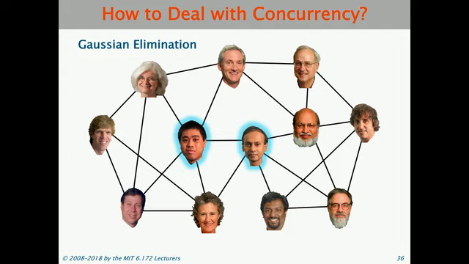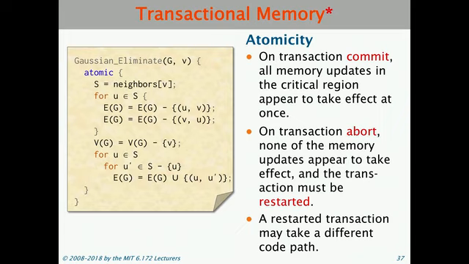In transactional memory, what I want to be able to do is just simply say, here's the thing that I need to be atomic. If I look at this code, it's basically saying, who are my neighbors? And then let me identify all of the edges that need to be removed, the ones that I just showed you, that were removed.